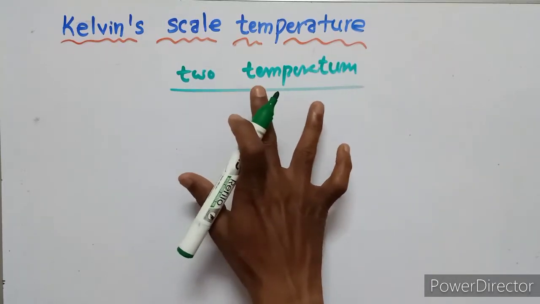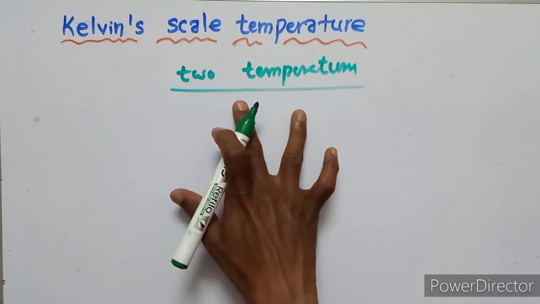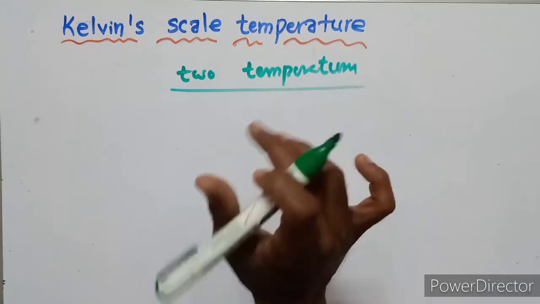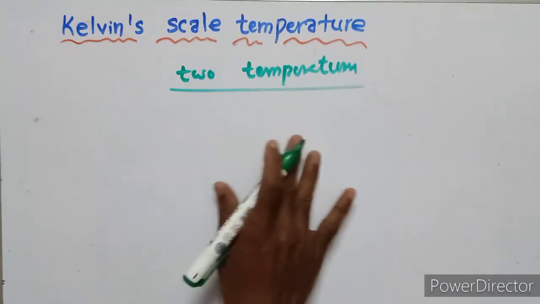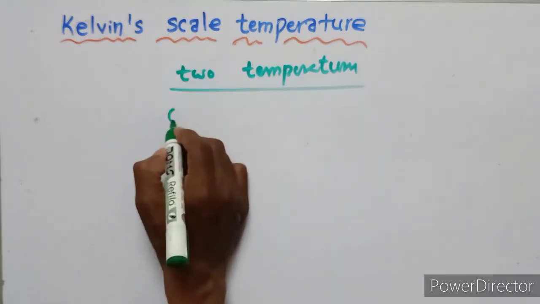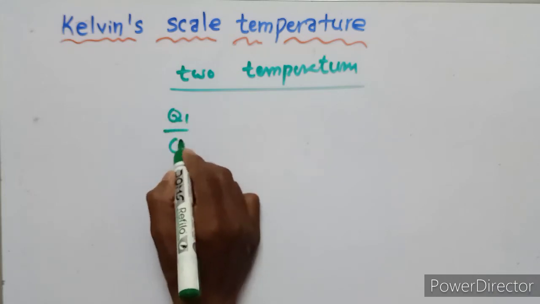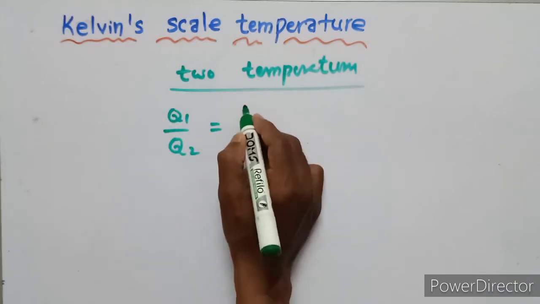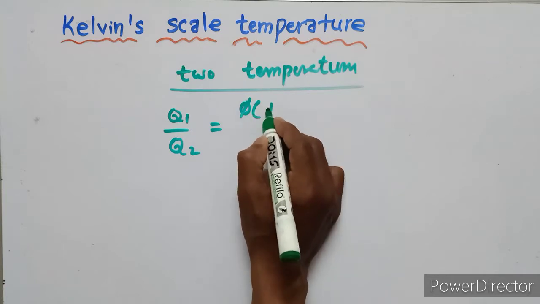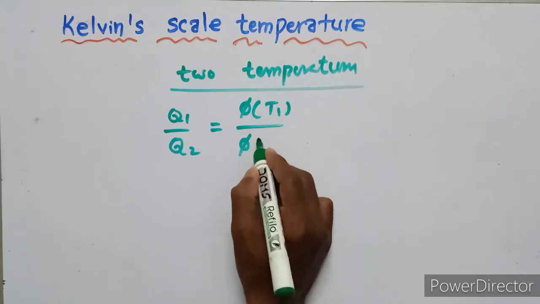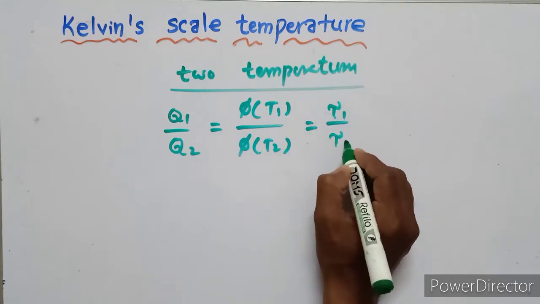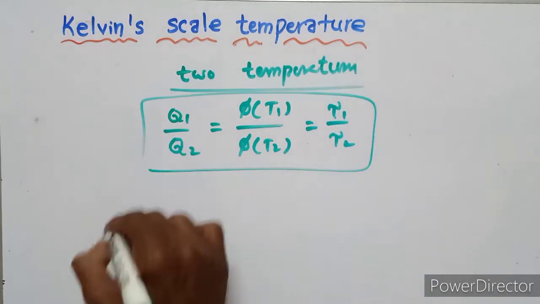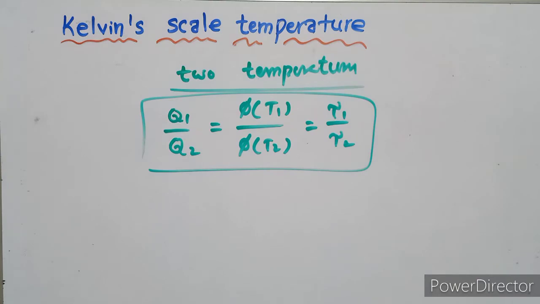The ratio of any two temperatures is the same as the ratio of the heat absorbed and heat rejected. So the Kelvin scale temperature: Q1 upon Q2 is equal to pi of T1 upon pi of T2, which is equal to tau 1 upon tau 2. This is the Kelvin scale temperature.